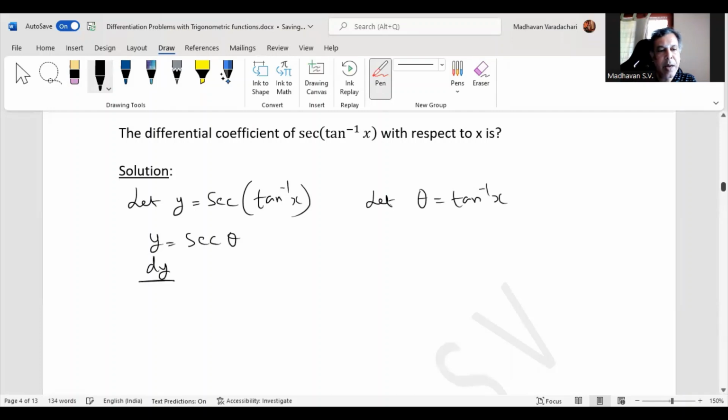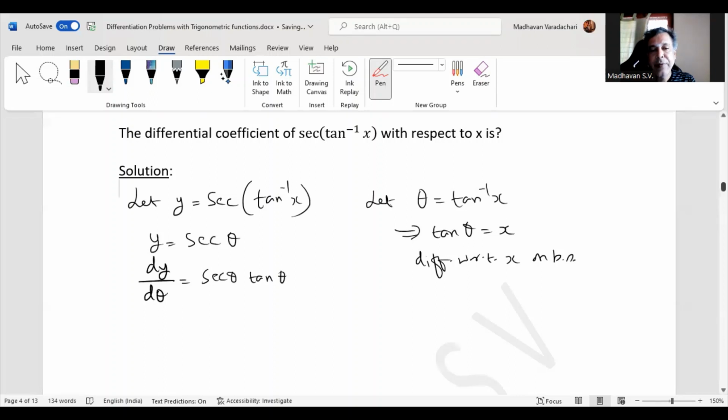So dy by d theta will be, if I differentiate secant theta, we will get secant theta tan theta. Here, this indicates that tan theta is equal to x. Now, differentiating with respect to x on both sides, if I differentiate tan theta, it is secant square of theta d theta by dx, because we are differentiating with respect to x.